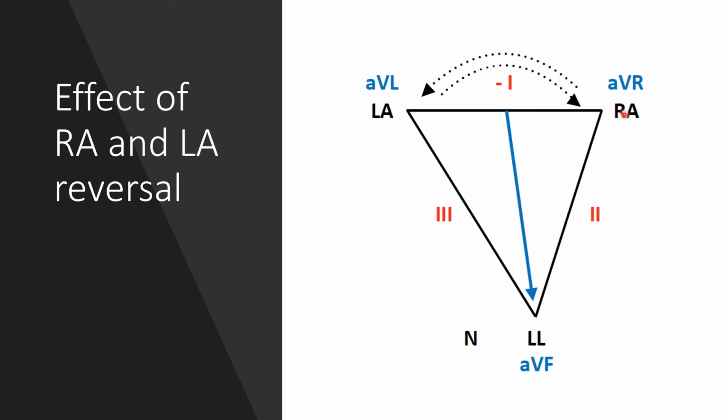Here the forces are going towards the right arm, so therefore instead of lead 1, what you're having there is the inverse of lead 1, and I'm going to show you that in a second. And because of the switch, your normal lead 2 becomes lead 3, and your normal lead 3 becomes lead 2. The only lead that did not get any changes because of this lead switch is AVF, and I'm going to show you this EKG in a second.